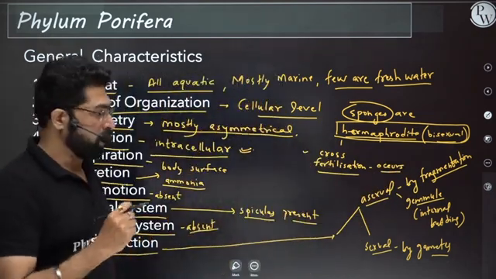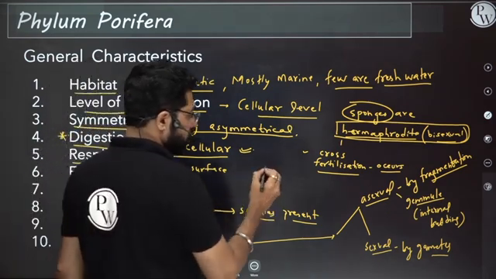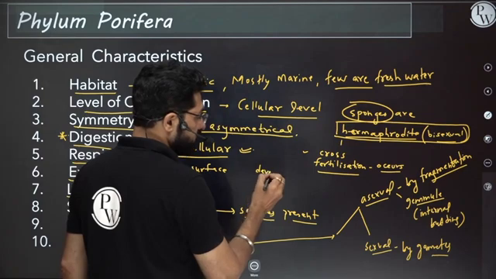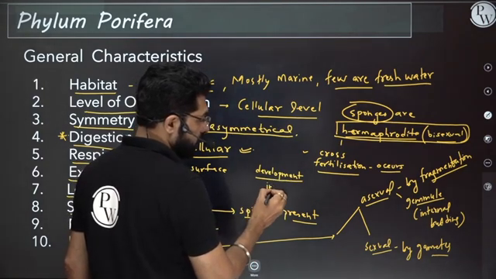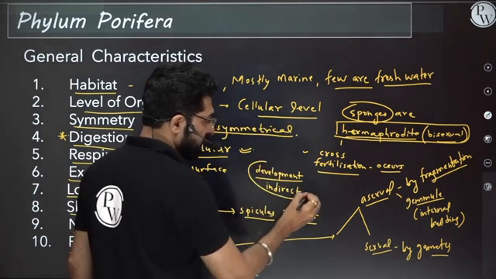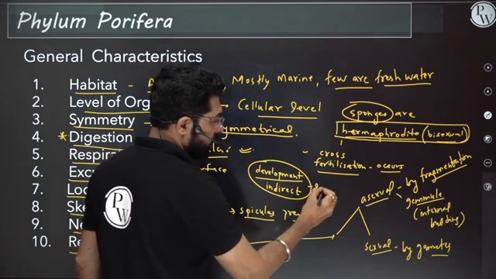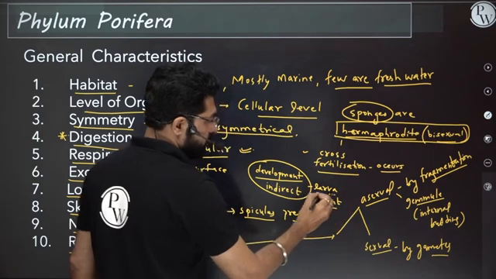Okay. Now, last question: is development direct or indirect? Remember, development is indirect. What does that mean? That means they have a larval stage, larvae are present.